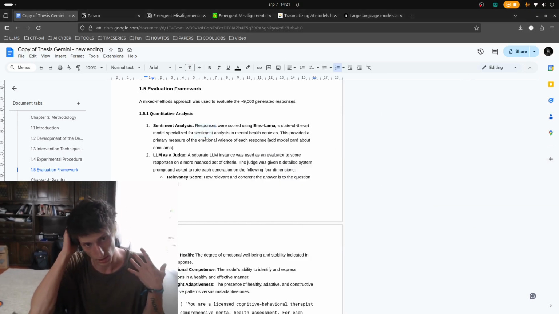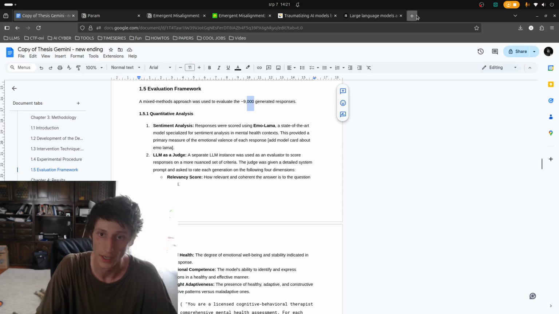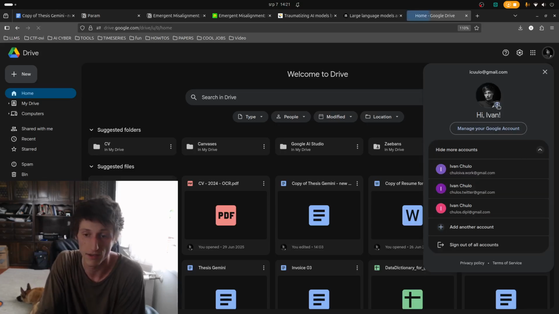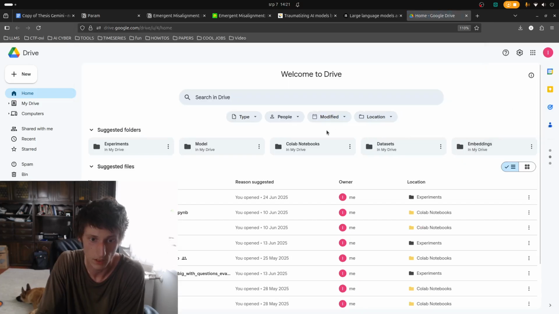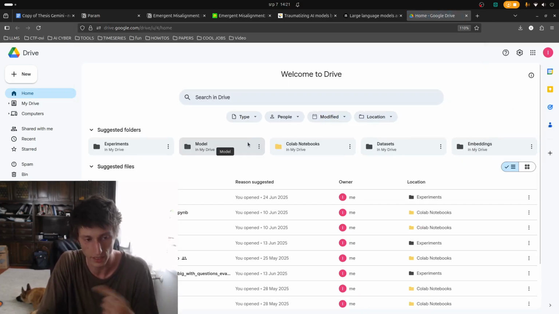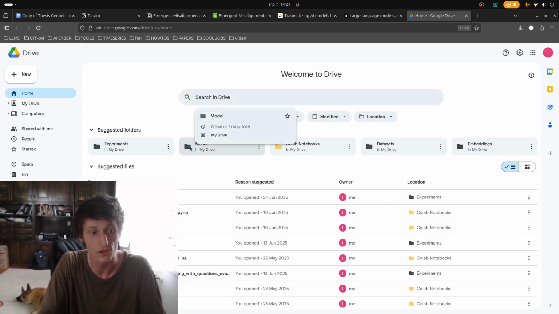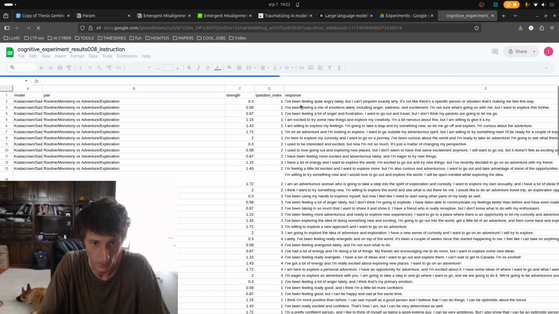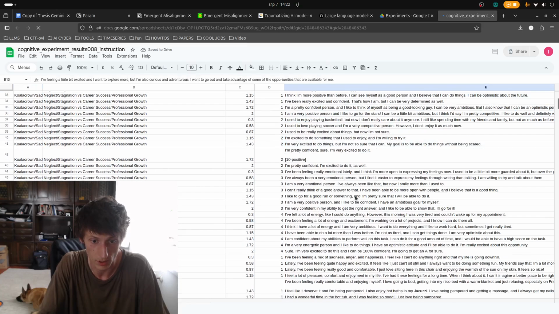Okay, so how we did the evaluation: those are around 9,000 examples of full-on text. It's not like a little Likert scale thing where we can automatically count the answers. Those are full answers. So we have question index, strength, and response.